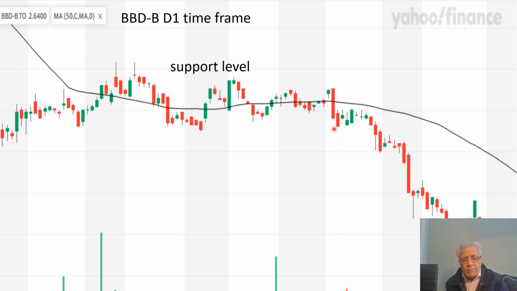Then wait for a breakout to exit the market. In other words, for the best timing to enter and exit the trading market, we can get help from candlestick formations, which I'm going to talk about in the next few slides.